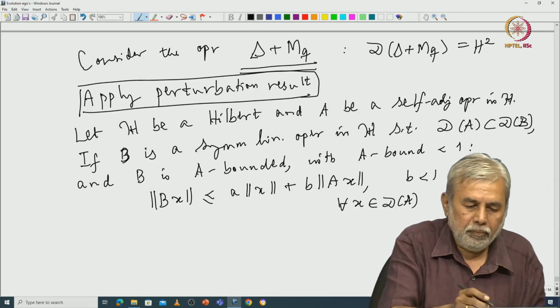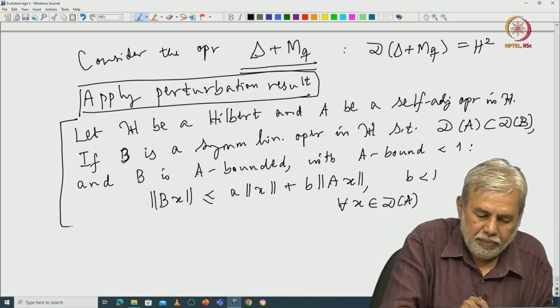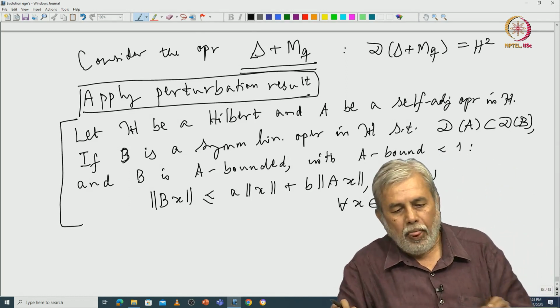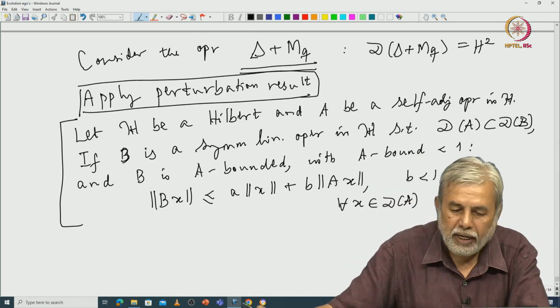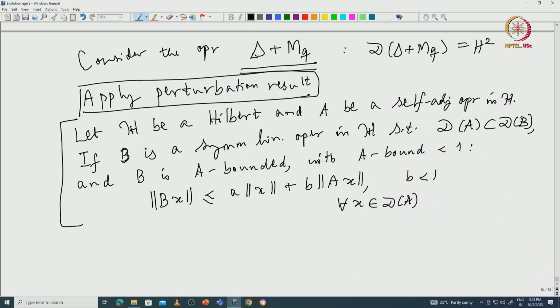Okay. So, you want to apply Kato's theorem to the operator Laplacian plus MQ. Already we have seen that the Laplacian is a self adjoint operator with domain H2. So, you want to put conditions on Q so that the domain of MQ contains H2.